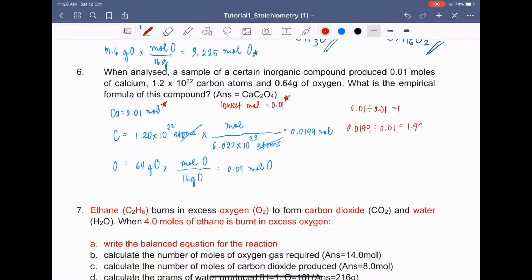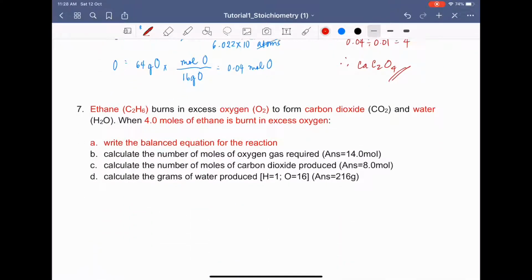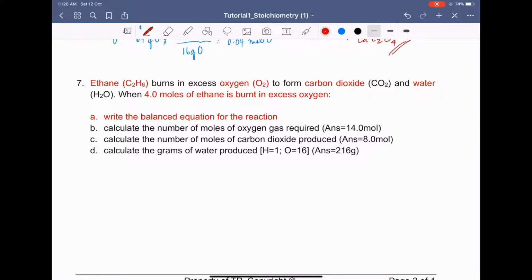And then for carbon, 0.0199 divided by 0.01 is equal to 1.99. And then 0.04 divided by 0.01 is equal to 4. Therefore, it is CaC2O4.